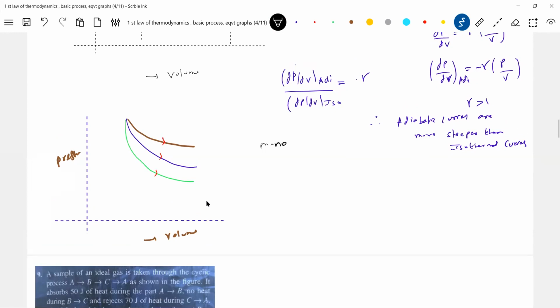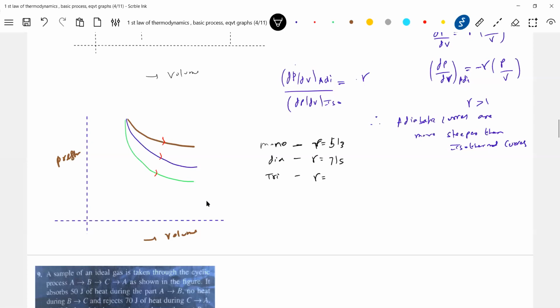For monatomic gas, what is the gamma value? 5/3. For diatomic gas, 7/5.